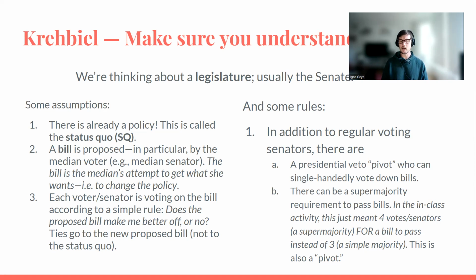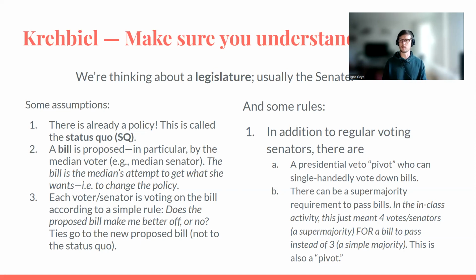I'm just down here in assumptions for anybody following along. The third and still pretty important assumption to keep in mind is that each senator is voting on this issue sincerely. So they're not considering how other people might vote based on their vote. They're just comparing the bill that's being proposed to the status quo, asking, am I better off under the newly proposed bill or not?